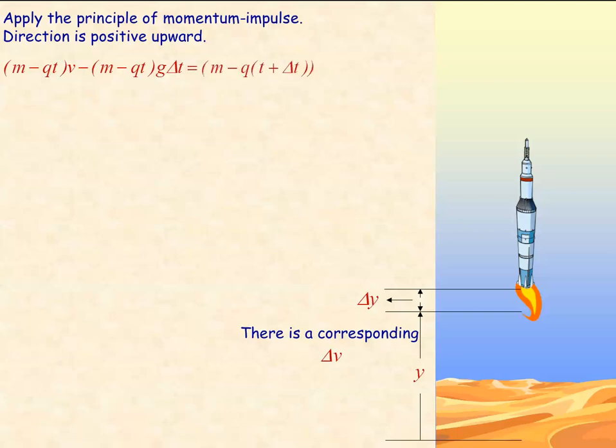We burned fuel for a little time period, delta T, so the T right here has increased to T plus delta T. Multiply it by the rate at which mass is burned off, and you get the total mass burned at this stage. Then you have your mass, M, that you start off with. So you multiply this times V plus delta V, because you had a change in velocity that took place.